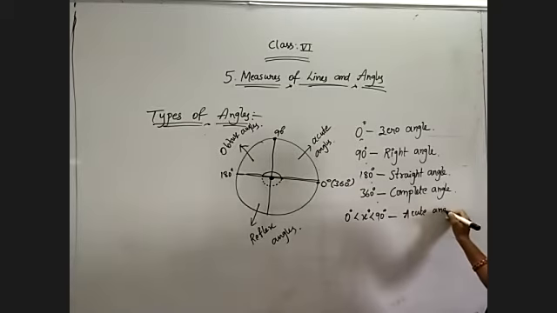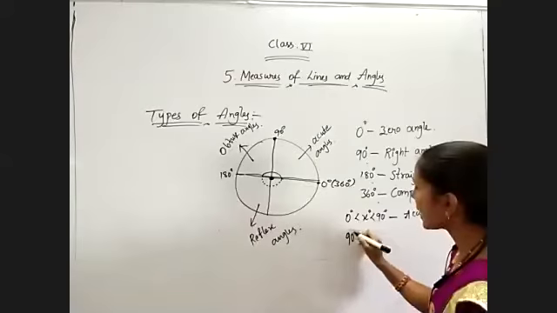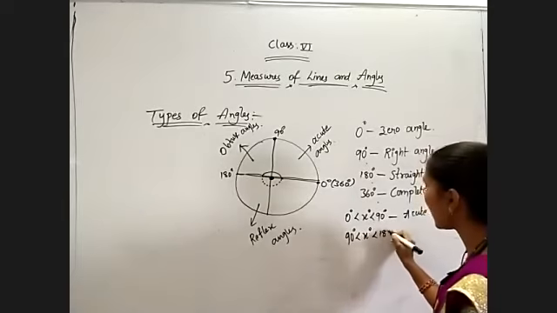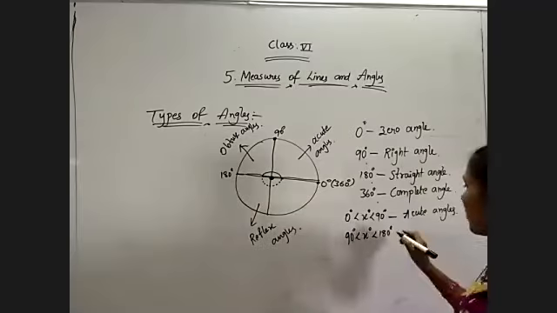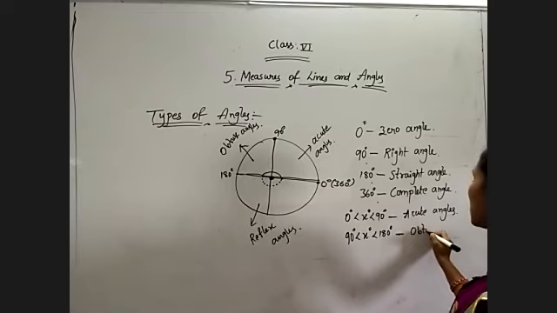So many angles are there, but here only one angle is the zero angle. Acute angle means 1 degree, 2 degrees, 3 degrees, any degrees less than 90 degrees we can call them. And coming to obtuse angles, the angles which lie between 90 and 180, that means 91 to 179, any number comes under obtuse angles.